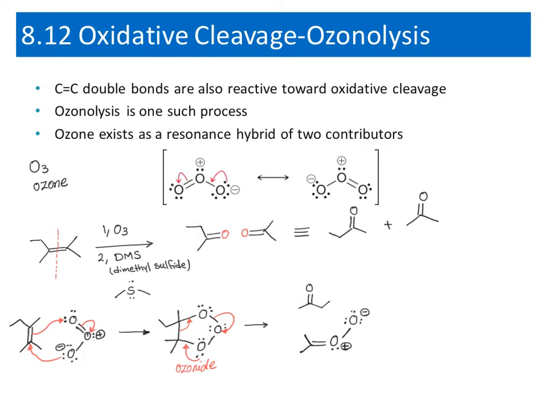Now this forces the pi electrons to move over and attack this electrophilic center, which pushes the pi electrons over to the positively charged oxygen. The outcome of this process would be formation of the second ozonide. So we are going to form another ozonide.